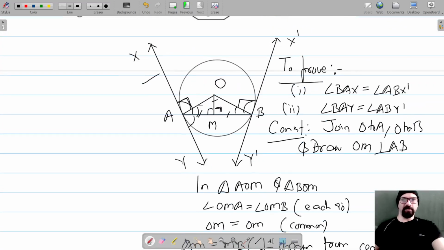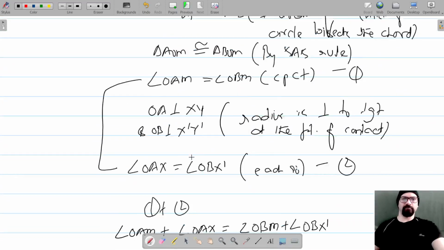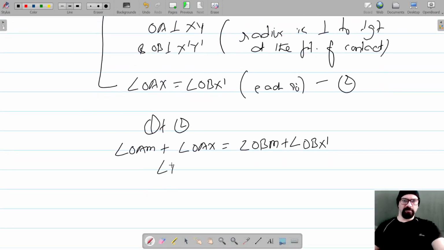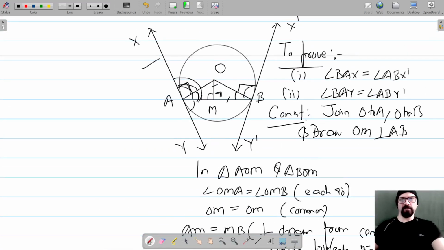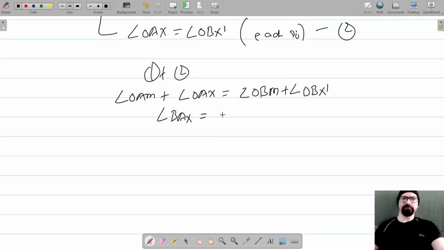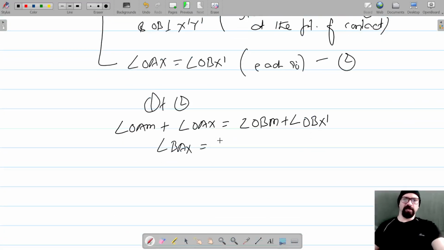If I add angle OAM and OAX, this gives me angle BAX. And if I add angle OBM and OBX', this gives me angle ABX'.